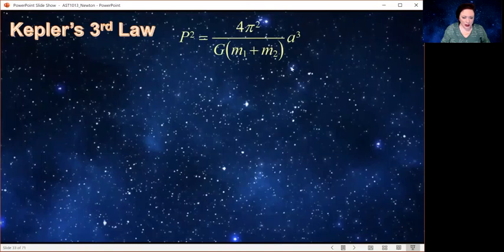So actually, you can do this a little more carefully and show that what you get is that P squared equals something times a cubed, but where that something involves both the masses. So this would be the mass of the sun and the Earth, or the sun and Jupiter, or Earth and the moon. I'm not going to prove that here. There is another video on my YouTube channel that does that.